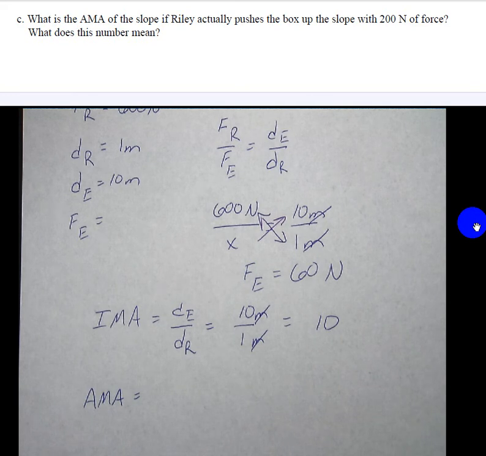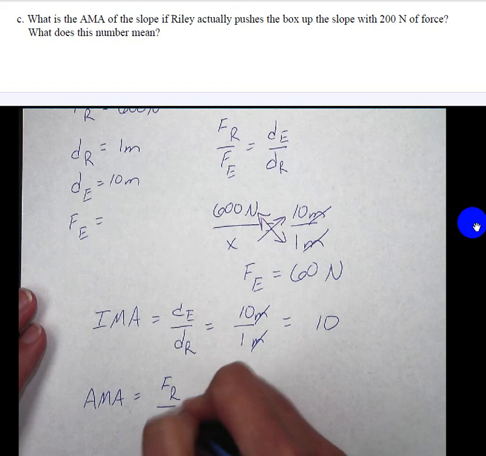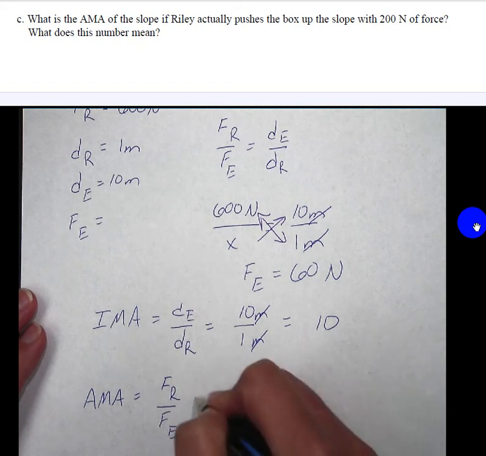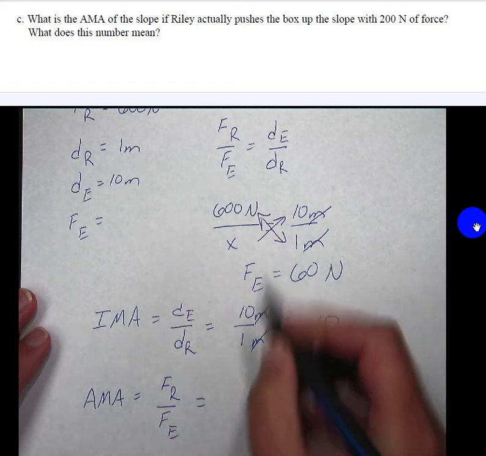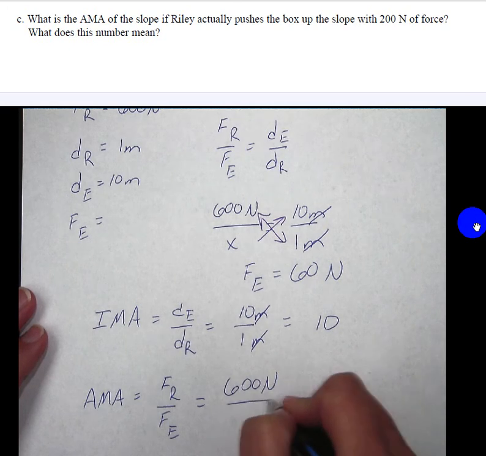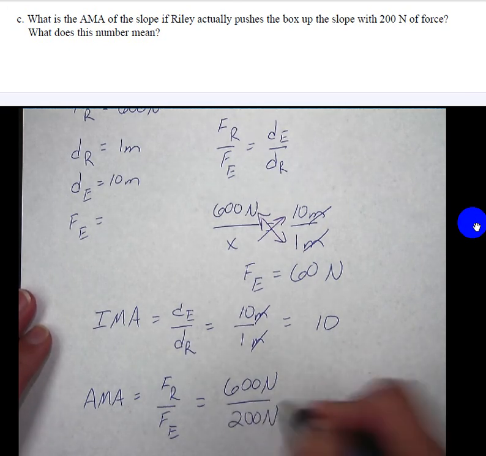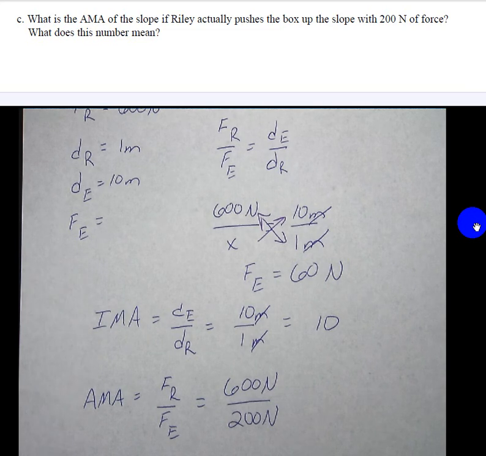So we expect something like this. So that's force resistance over force effort equals force resistance. The box still weighs the same, 600 newtons. But this time it took him 200 newtons, or Riley could be a girl's name also, so he or she, 200 newtons to push it up instead of what we expected.